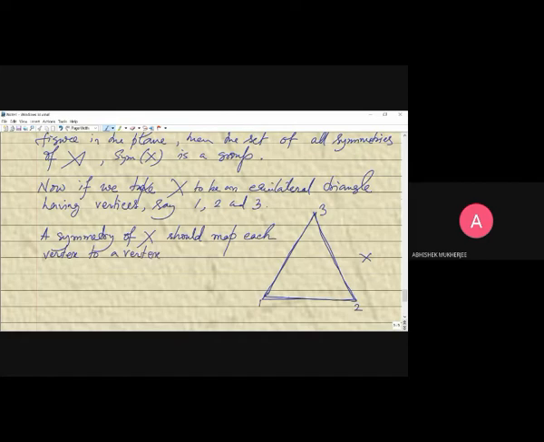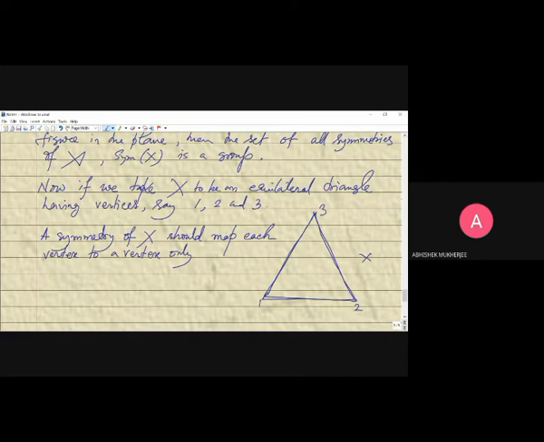A symmetry always maps a vertex onto another vertex.